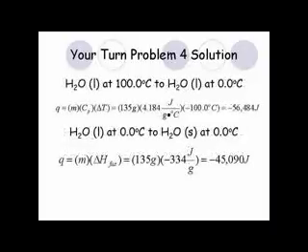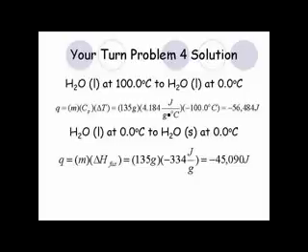Our next step, now that we have our liquid water at 100 degrees Celsius, is to take it down to liquid water at 0 degrees Celsius so we can get ready to freeze it. So again, we use an equation that relates the specific heat of liquid water, change in temperature and mass. So we take our 135 gram mass of water times 4.184 joules per gram times degrees Celsius, the specific heat of liquid water, and times negative 100 degrees Celsius.